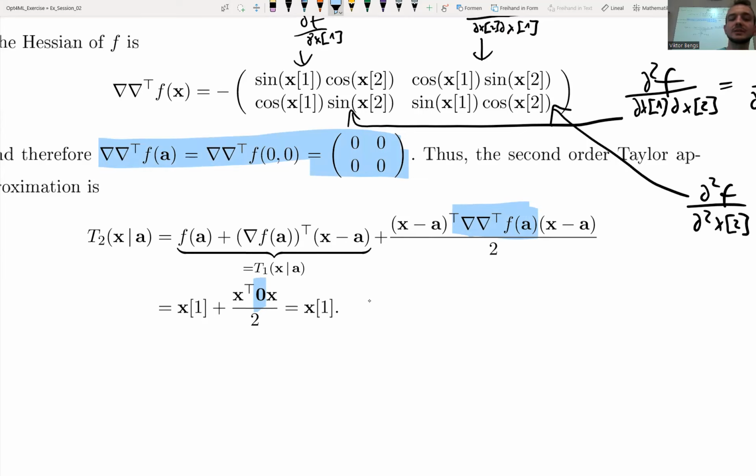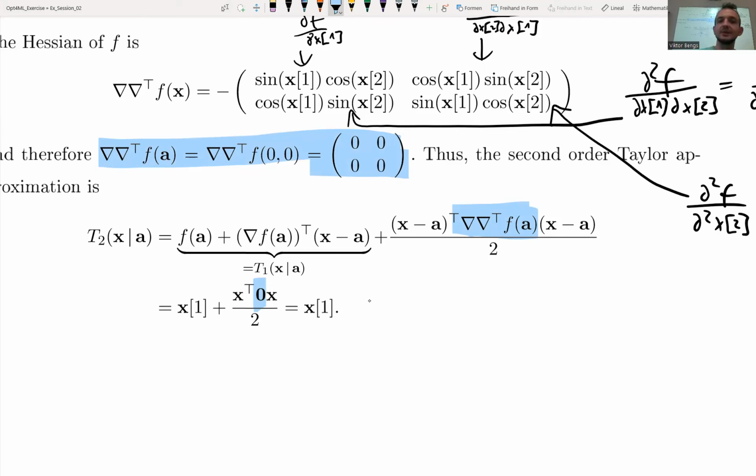So what remains, in fact, is only the first order Taylor approximation, which is simply the value of x in the first component. So you see, there could be also cases where the first order and the second order Taylor approximation are in fact the same. Of course, this is due to the choice of the approximation point.